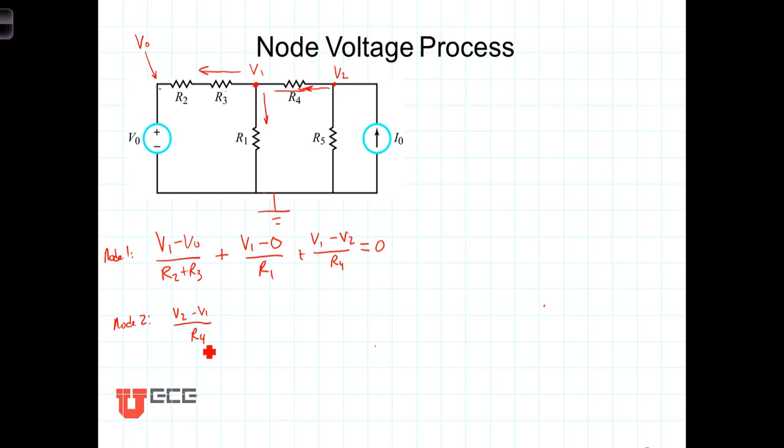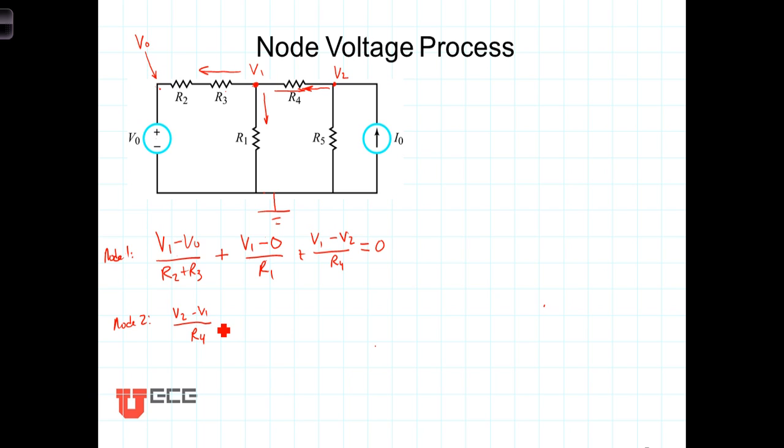Note right now that the current leaving node 2 going to the left is equal but of opposite sign to the current leaving node 1 and going to the right. And you'll notice those 2 terms are the same in each of these equations other than they differ by a sign. This term in the first equation, V1 minus V2 over R4, and that term in the second equation, V2 minus V1 over R4.